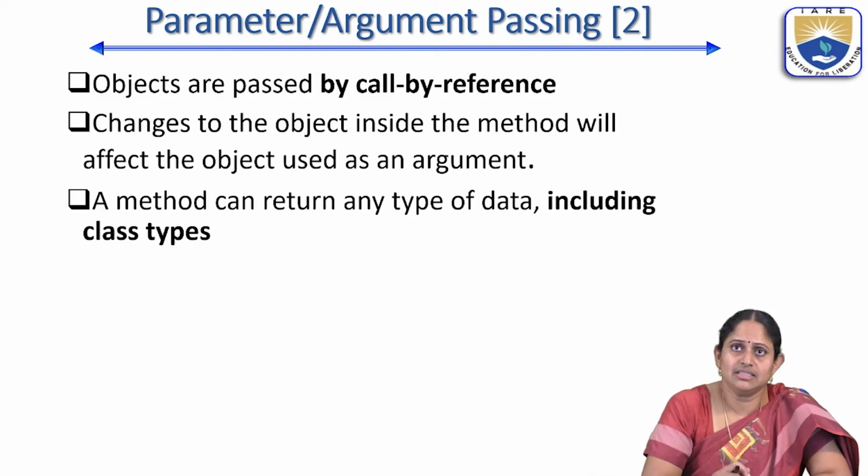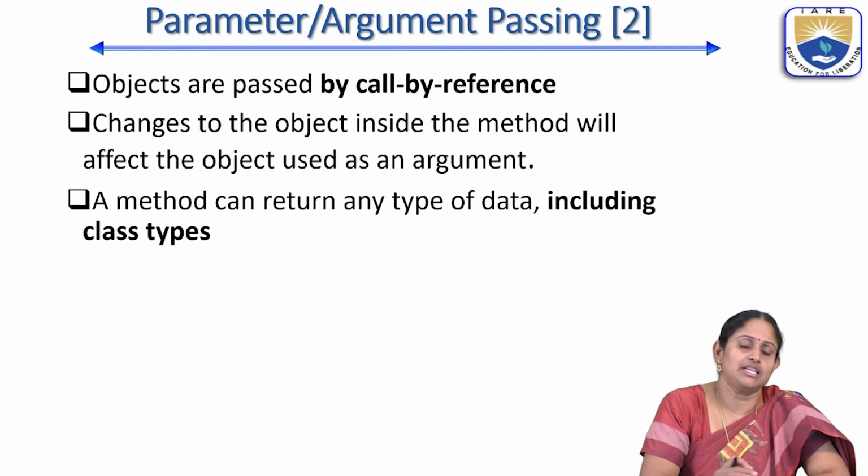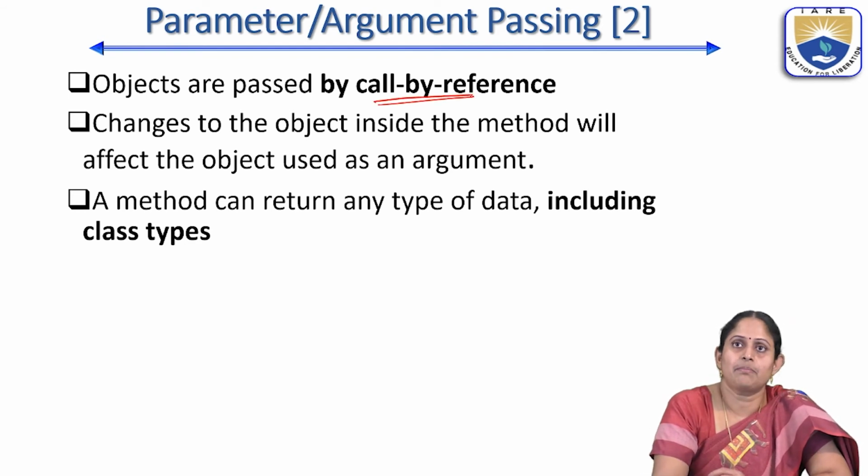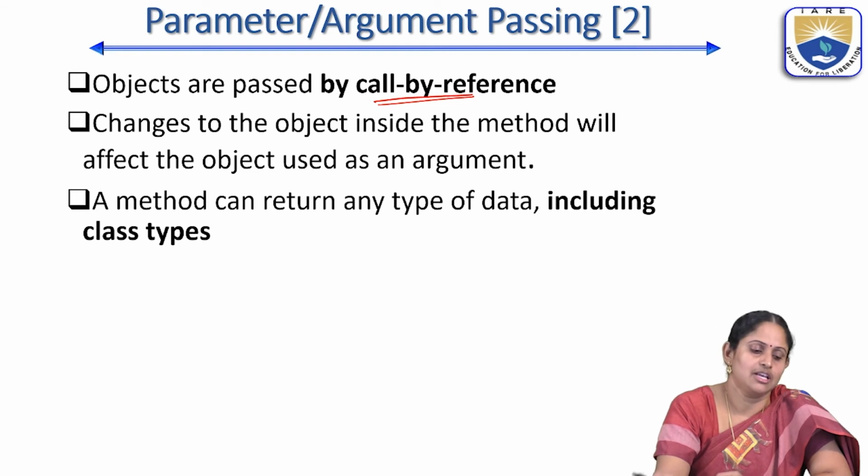Now in Java, whenever we are passing objects, they are always passed by reference. The objects are passed to methods by reference. So if we make any change to the object inside the method, then that will affect the object used as an argument.